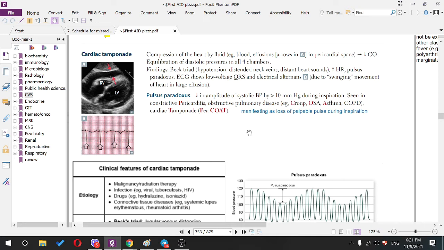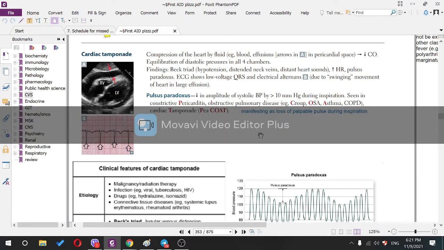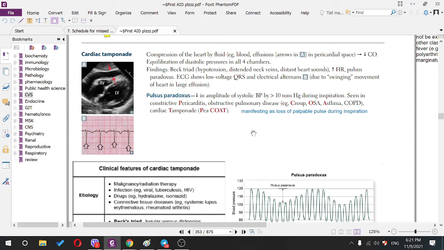By the tamponade. So it goes something like this. When you inspire air deeply, okay, you do deep inspiration, do you have more blood going to your right heart or to your left heart? Right heart. More blood goes to your right heart during inspiration.